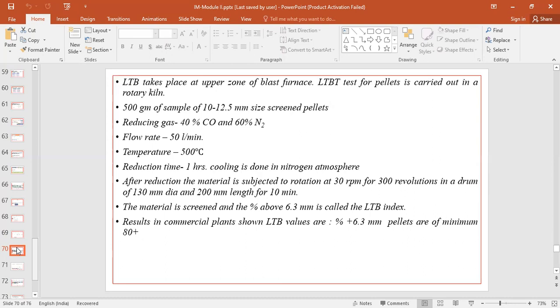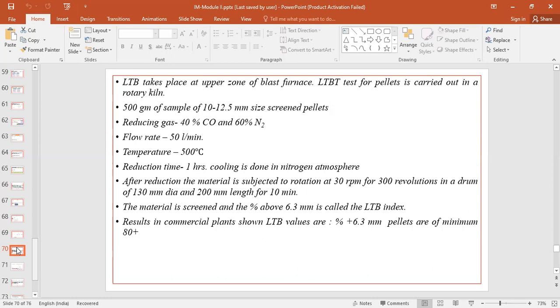After the reduction, the material is subjected to rotation at 30 RPM for 300 revolutions, 10 minutes, in a drum having dimensions of 130 mm diameter and 200 mm length. Then the material is screened, and the percentage of plus 6.3 mm is called the low temperature breakdown index.